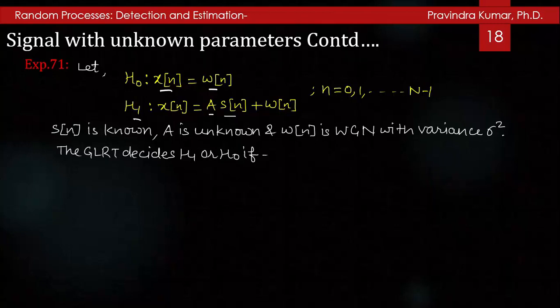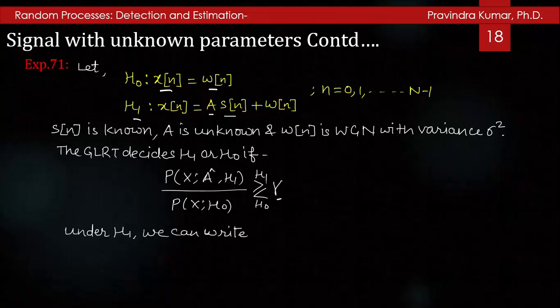The GLRT decides H1 or H0 if the PDF under hypothesis H1 divided by the PDF under hypothesis H0 is greater than or less than some threshold gamma. So p(x; A cap, H1) by p(x; H0) is greater than or less than the threshold value gamma. Here A cap is the maximum likelihood estimated value of the amplitude A.